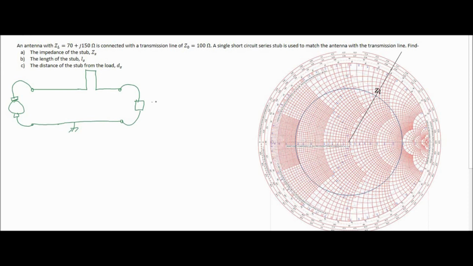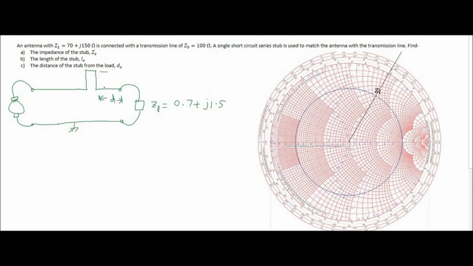So this is the load ZL. Let me write the normalized value, that is 0.7 plus j of 1.5, and we have to find the distance d. This is the very same distance that we obtained before.